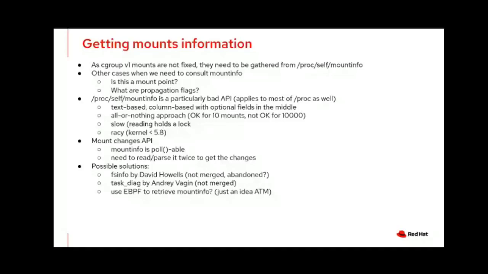So instead of being told this mount has appeared or this mount has disappeared, systemd has to read it all and compare. That makes it slow if there are lots of mounts and unmounts going on in the system. There are bugs about it, and at this point there is no solution from the kernel.